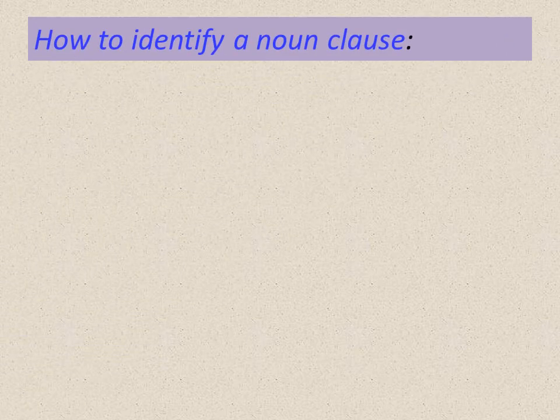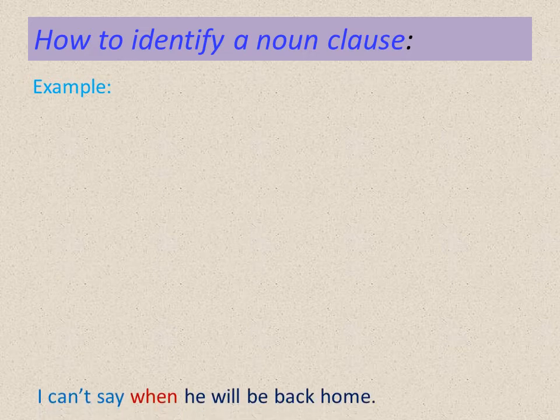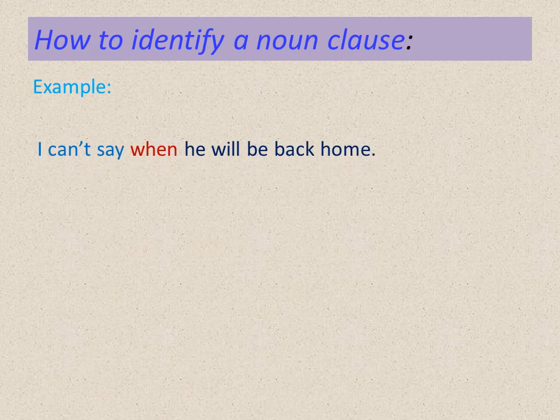Students, let us see one more example of how to identify a noun clause in a sentence. The example is: I cannot say when he will be back home. In this sentence, "I cannot say" is a main clause. "When he will be back home" is a subordinate clause because it depends on the main clause for its meaning.